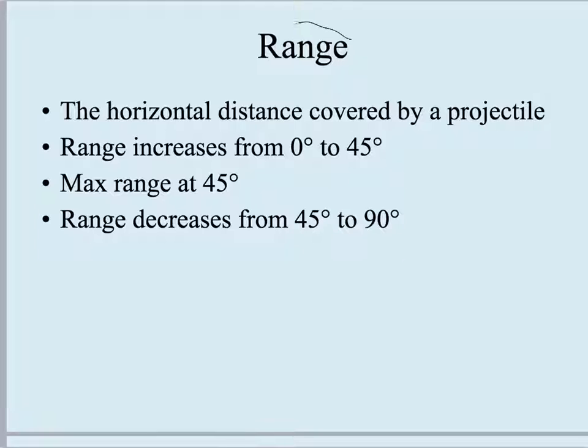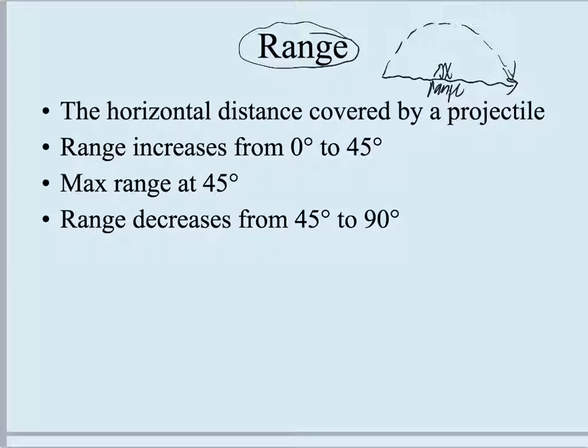And we've talked about range already. Remember, range is how far horizontally a projectile goes. So if it was launched up in the air and lands here, this is the range. So how does the range change as you change the angle? Well, it's interesting. Range increases from 0 to 45.